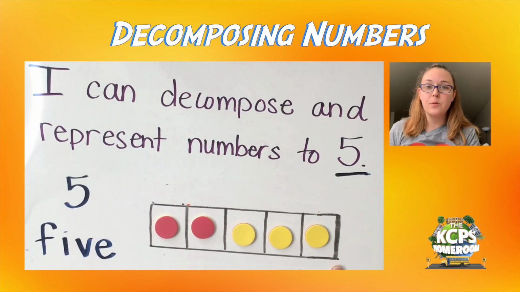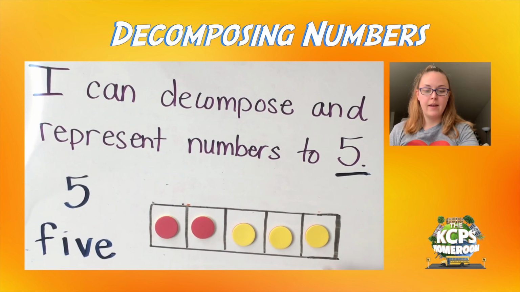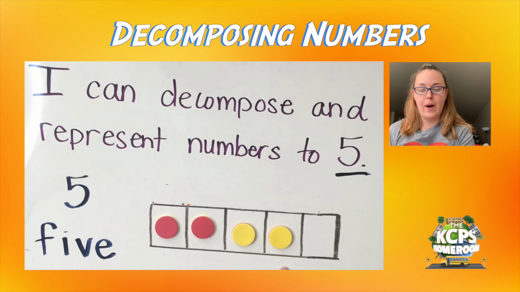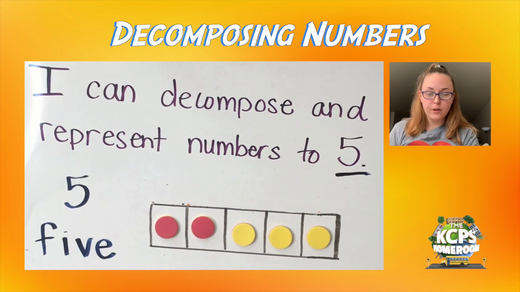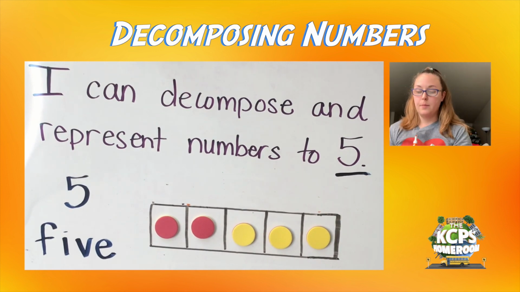And we know that it equals 5 because my row is full in my 5 frame. If it was not full, I would need to look at it and analyze it in order to know how many there are. But I know that because the row is full, there are 5.